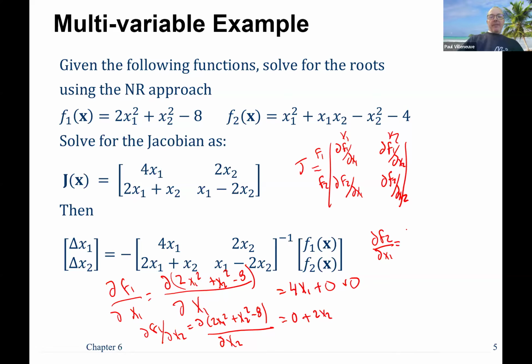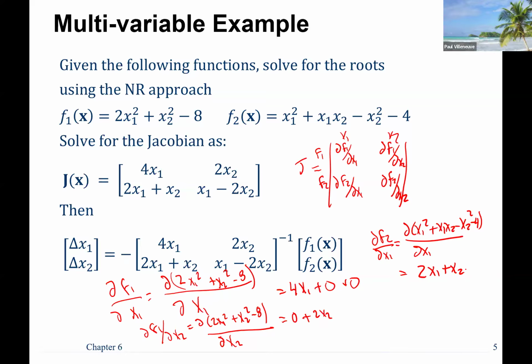Now we'll do the partial of f2 with respect to x1. Sorry, this is acting a little slow. And that's with respect to x1. Hopefully what you all can see, 2x1 is the first one because x1 is allowed to change. x1 x2 is just going to be x2, right?